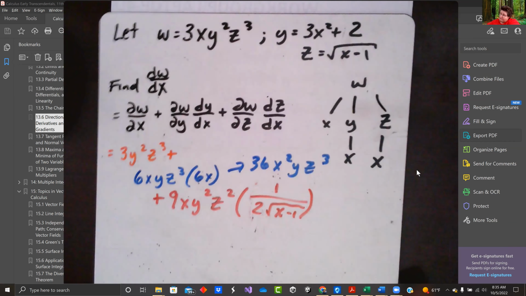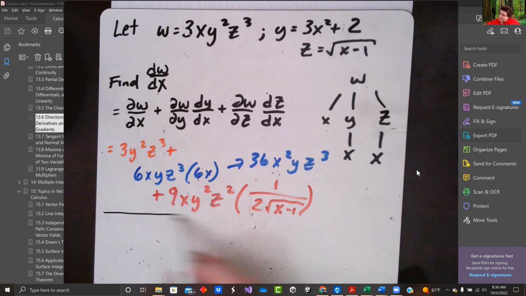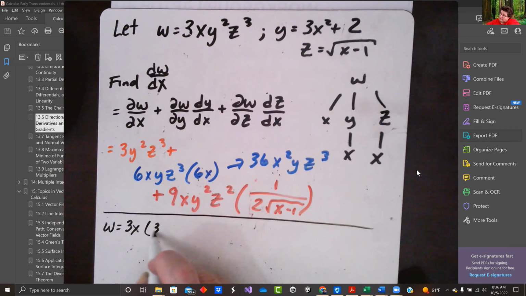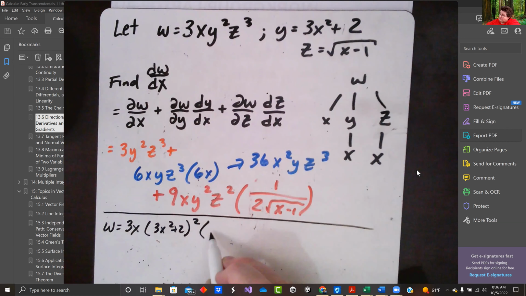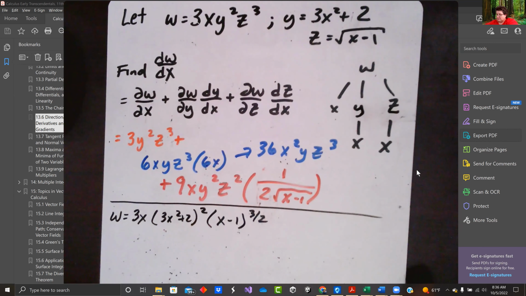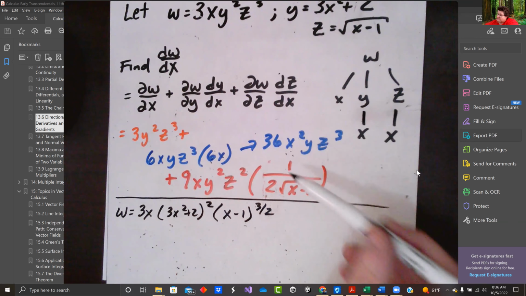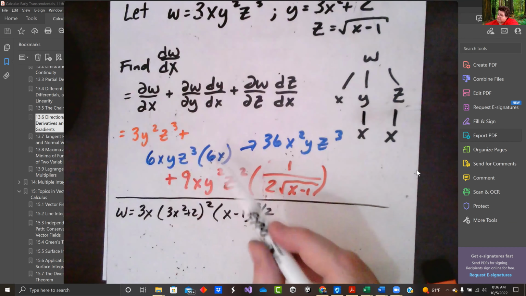And if we wanted to check our work, we could write W all in terms of X right away. Of course, checking and comparing it with our answer above is very much going to require us to go back and make some substitutions up above.